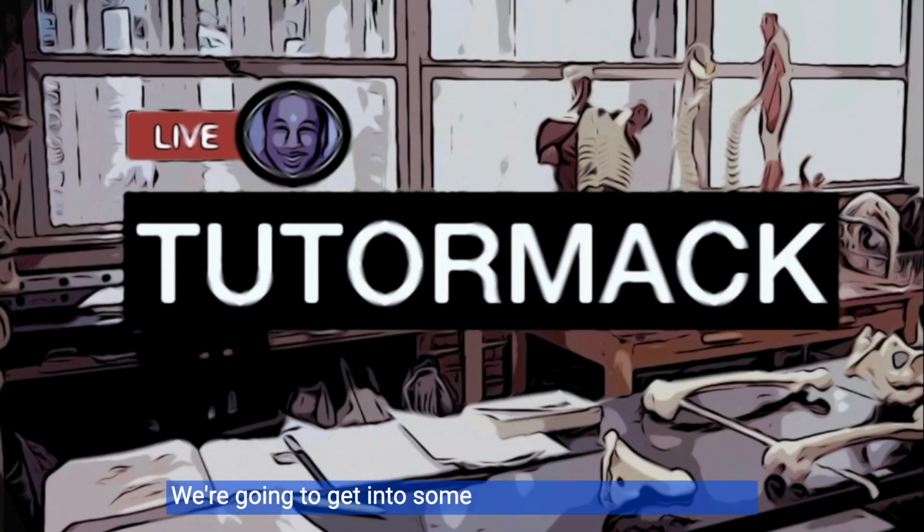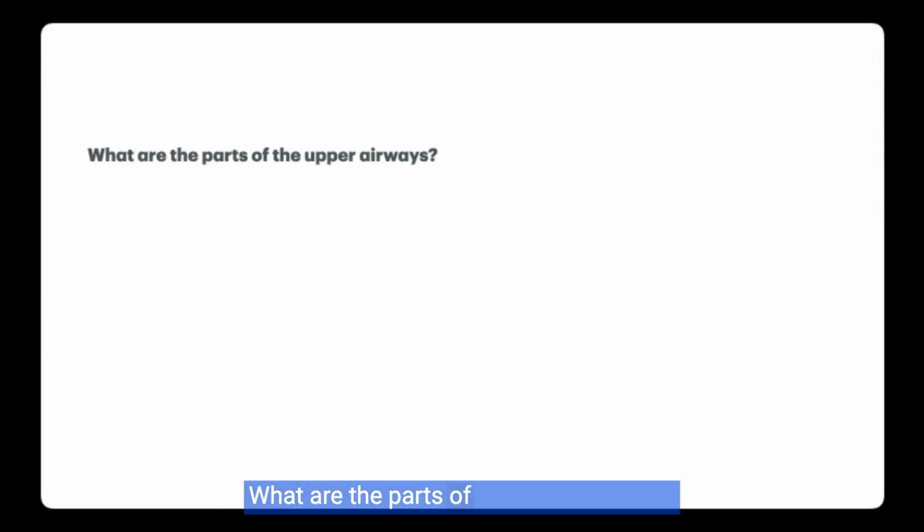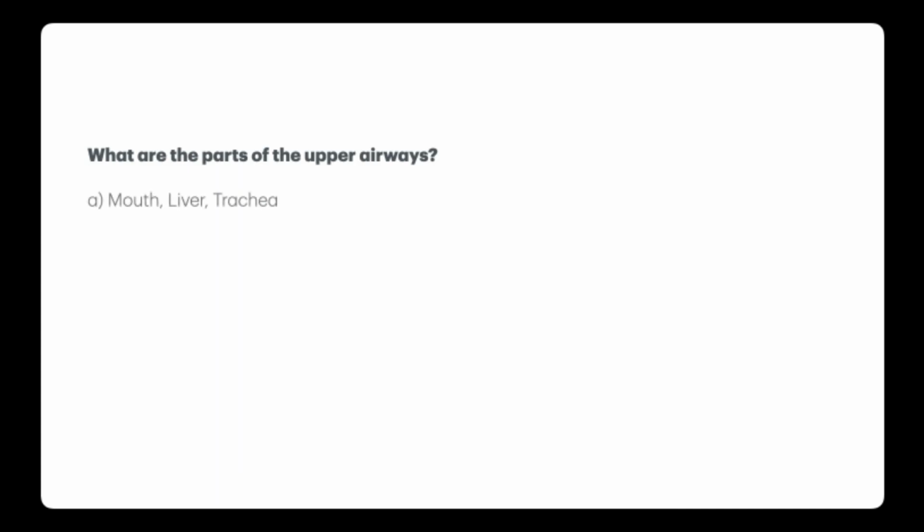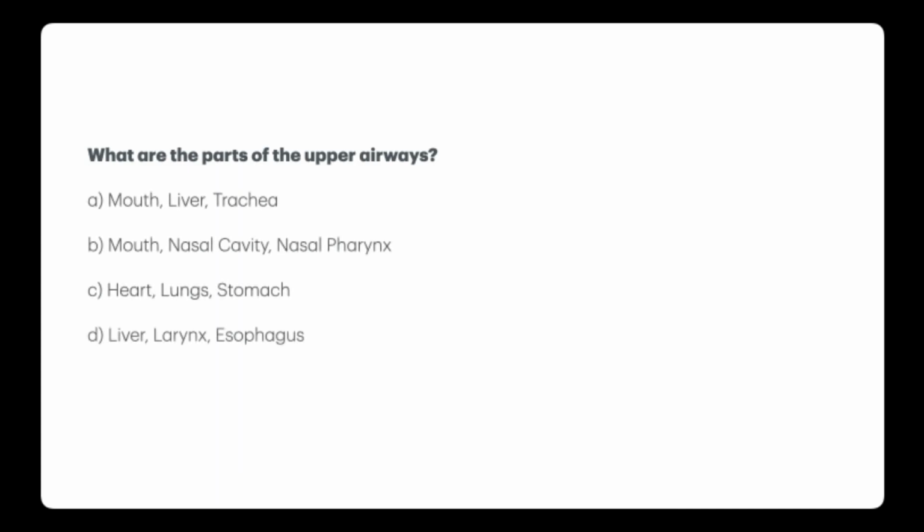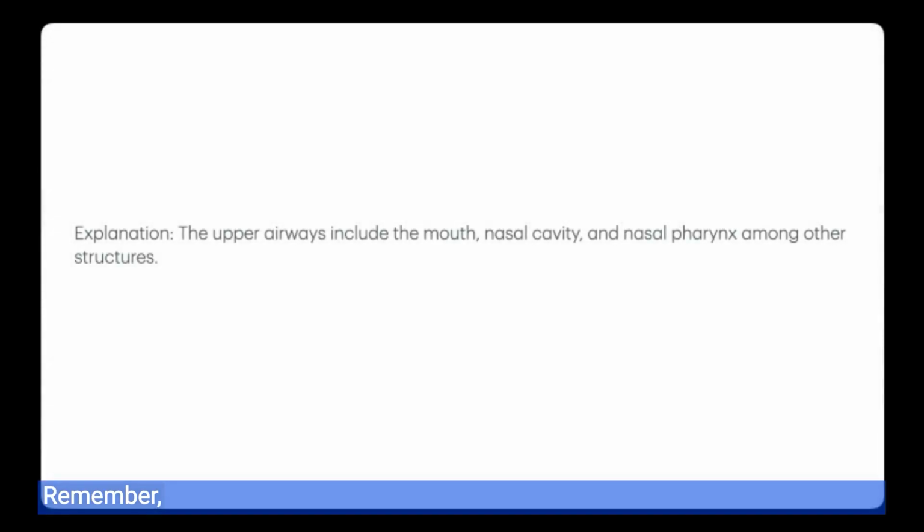We're going to get into some respiratory system review. What are the parts of the upper airways? That's right. Remember, the upper airways include the mouth, nasal cavity, and nasal pharynx.